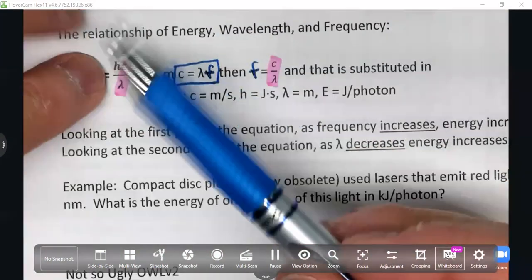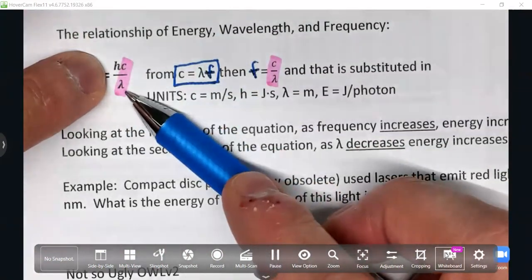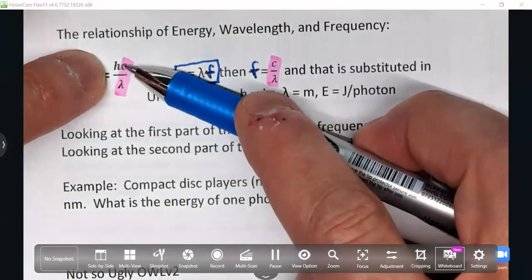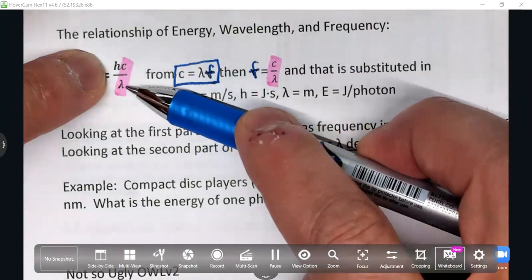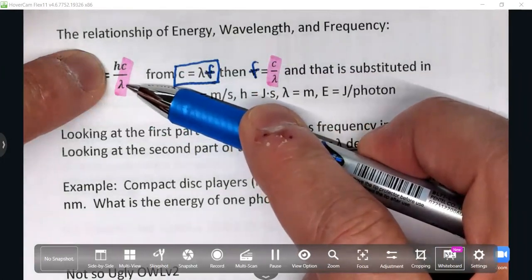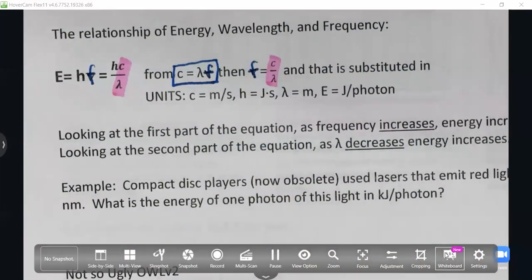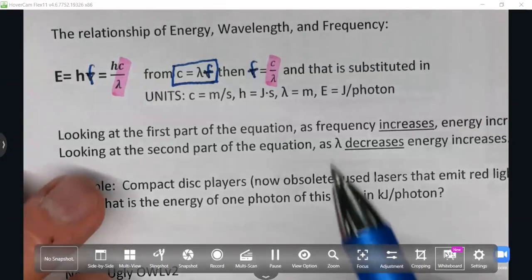But when you substitute this in, what about the wavelength? How do you make this fraction the greatest? When the wavelength is the lowest, right? So this is what I'll quiz you on over and over and over.